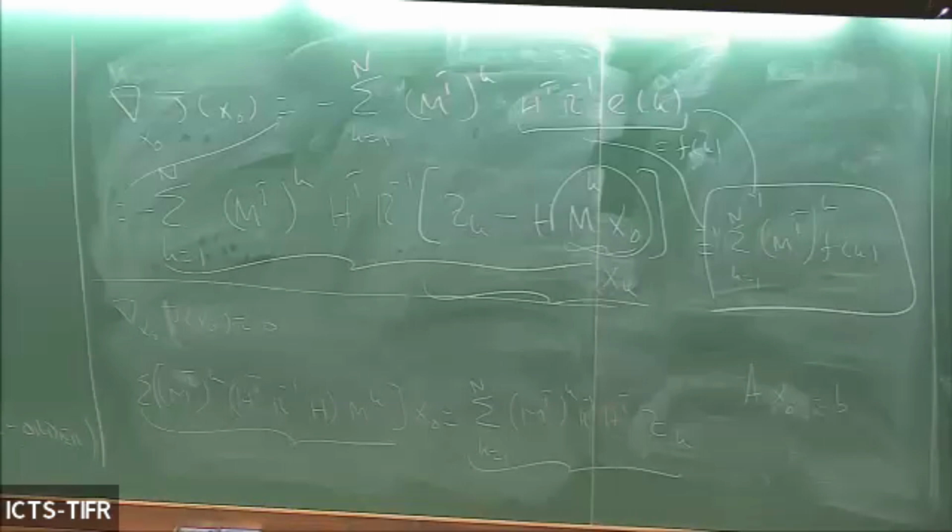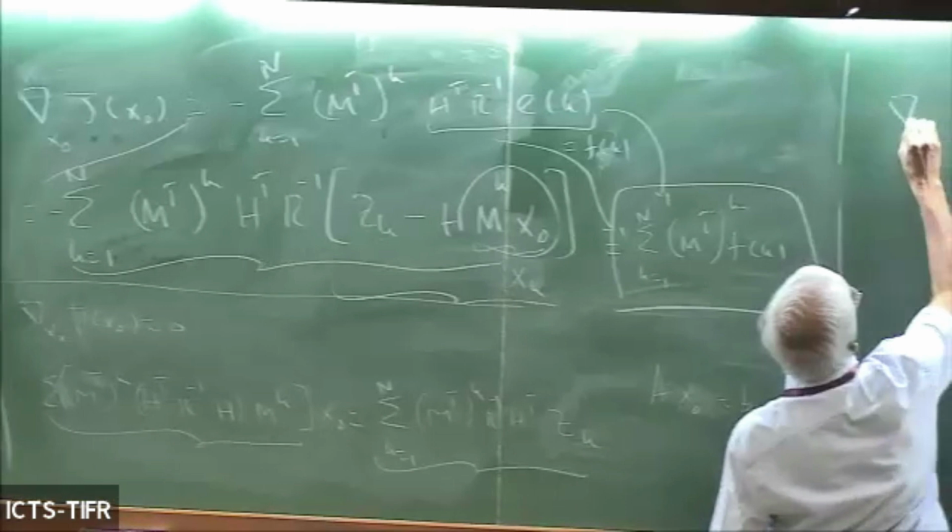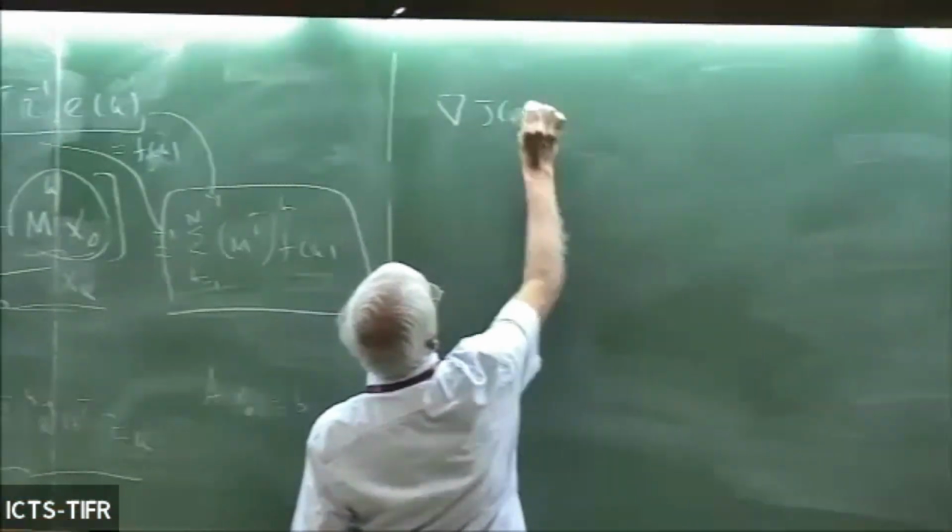Please understand, this is only for a linear system. For a nonlinear system, there is another level of complexity involved. So I will write the expression for J of x naught.